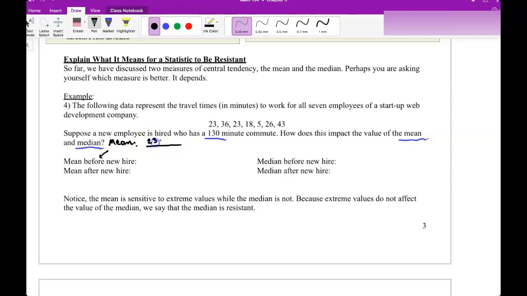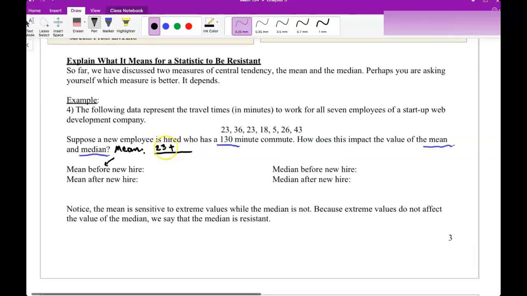We have 23, and I'm adding all these numbers, divided by the number of observations, which is 7. Rounding it, the answer is 24.9. So that is our mean.